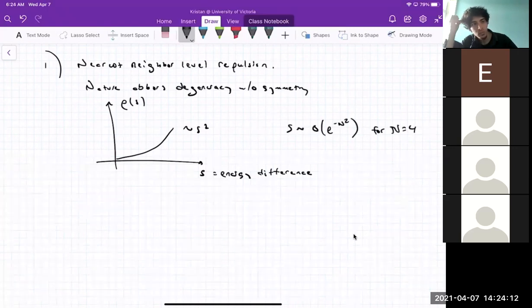And that's just too small to probe. Energy differences of that sort correspond to time scales that you might study in AdS of order e to the N squared.